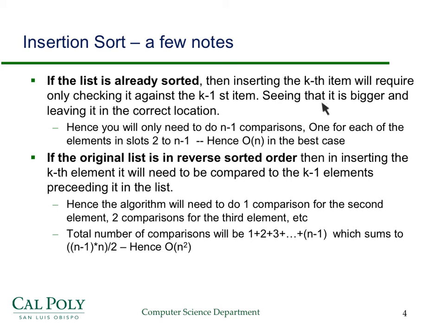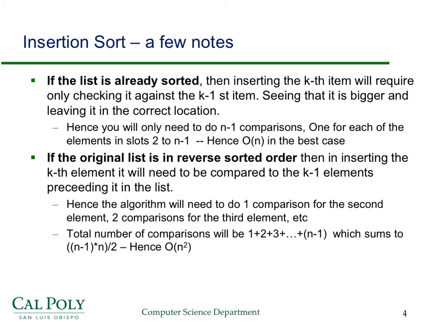So seeing that it's bigger than the item that comes just before it, you just leave it there. So you only have to do one comparison for each item in the list, namely compare it to the one before. You find out the one before it is smaller, and so you just leave it there. So that means you're going to need n-1 comparisons to sort n items, and so in the best case, this is big O of n.